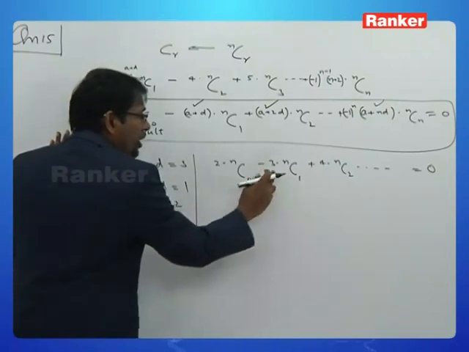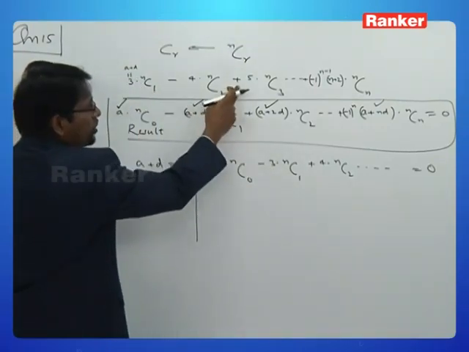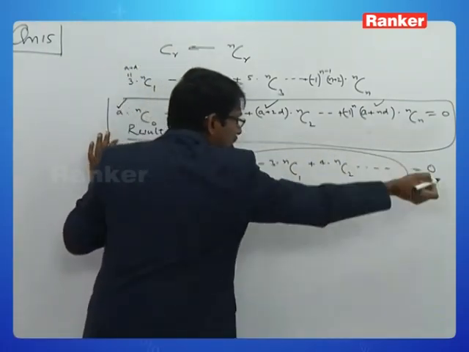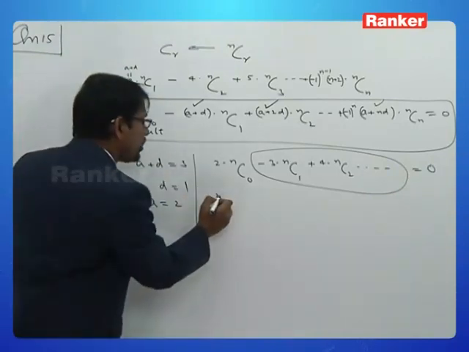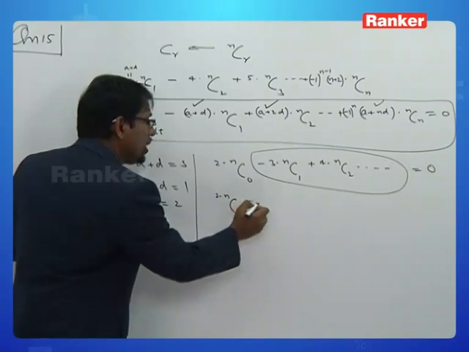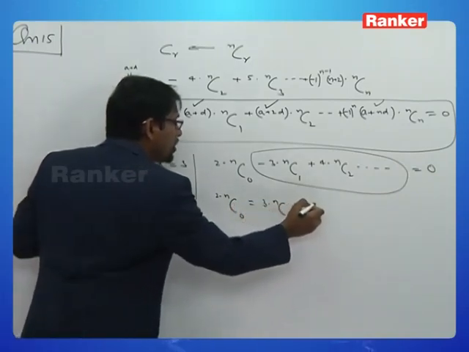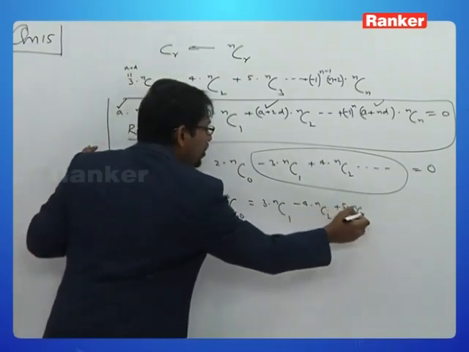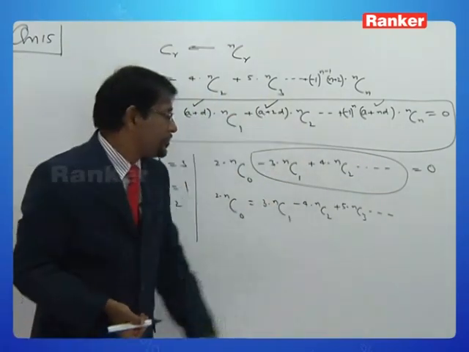What do we have? We have from here 3 into nC1 minus 4 into nC2. So we will pick all these terms and take them to the right side. So 2 into nC0 is equal to 3 into nC1 minus 4 into nC2 plus 5 into nC3, so on and so forth.